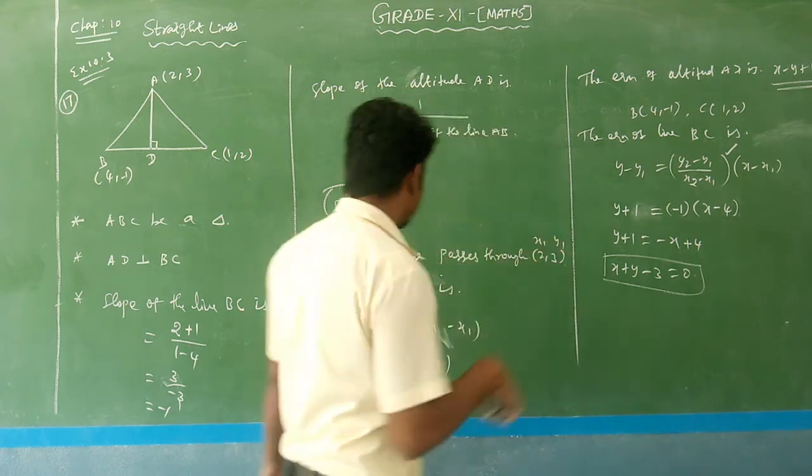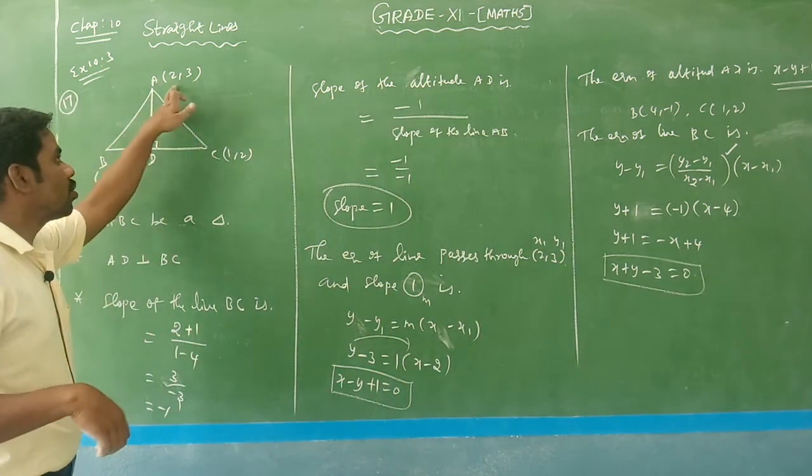So the required distance is from the point (2, 3) to this line.